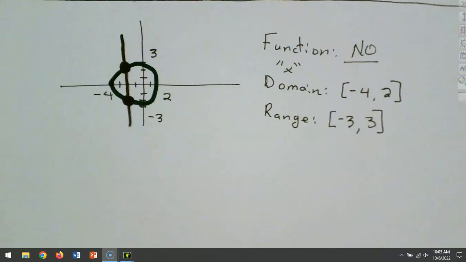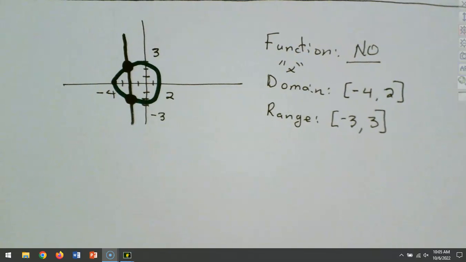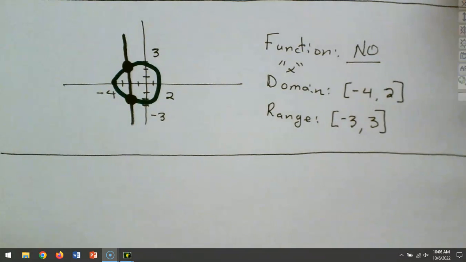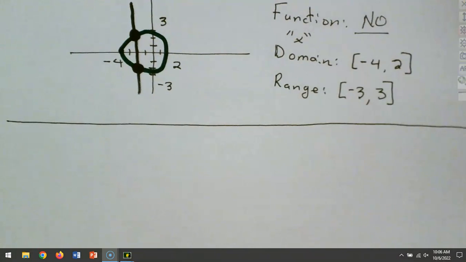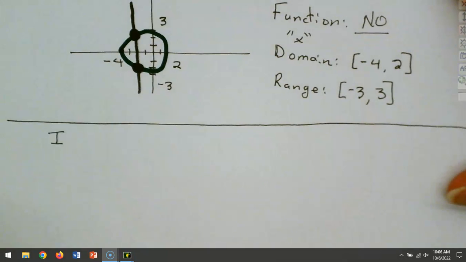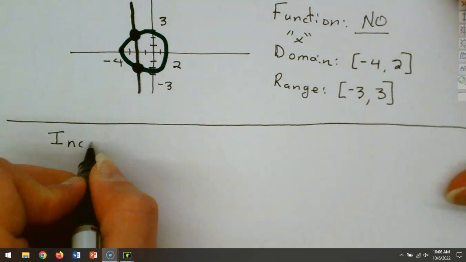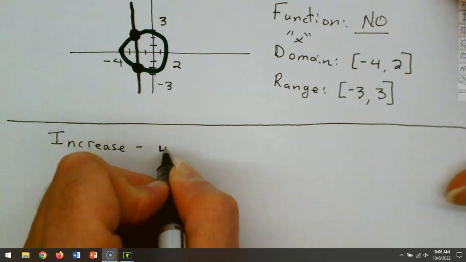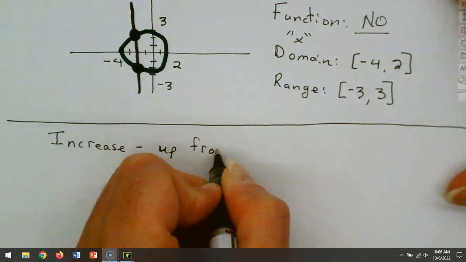Now there's other things that we can do with these graphs, and we can talk about where they increase, they decrease, or they remain constant. So there's 3 things that can happen with these. We're going to talk about increasing, decreasing, and constant functions. So when I'm talking about increasing, that means we go up from left to right.